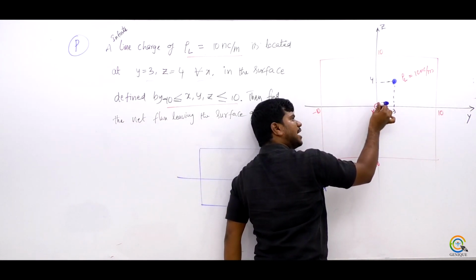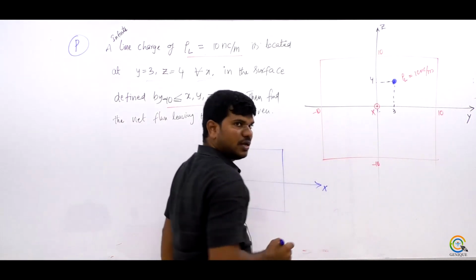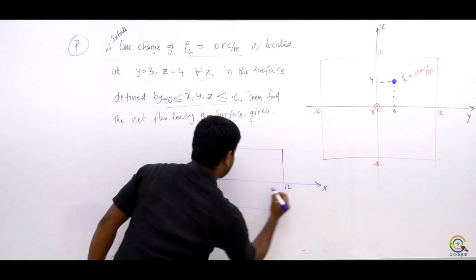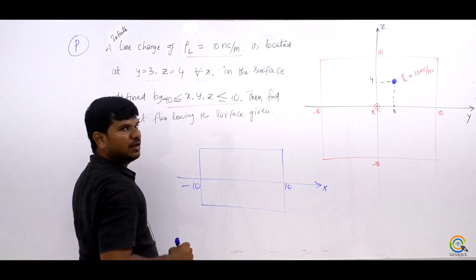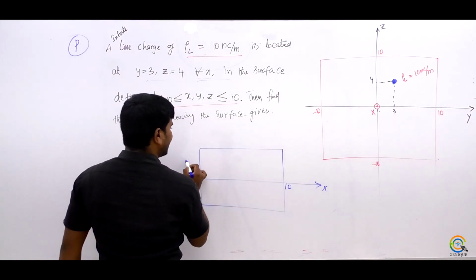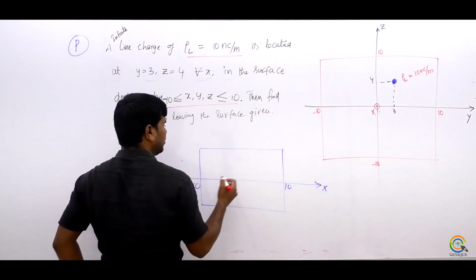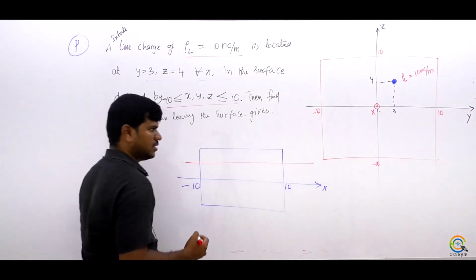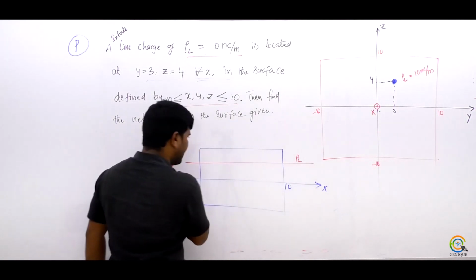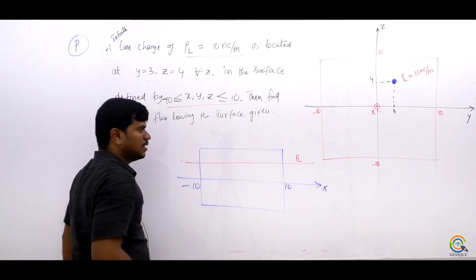If I see from the side view, it is x. Okay, this is from plus 10 to minus 10. Somewhere it is located. It is a line charge, from minus infinity to plus infinity.